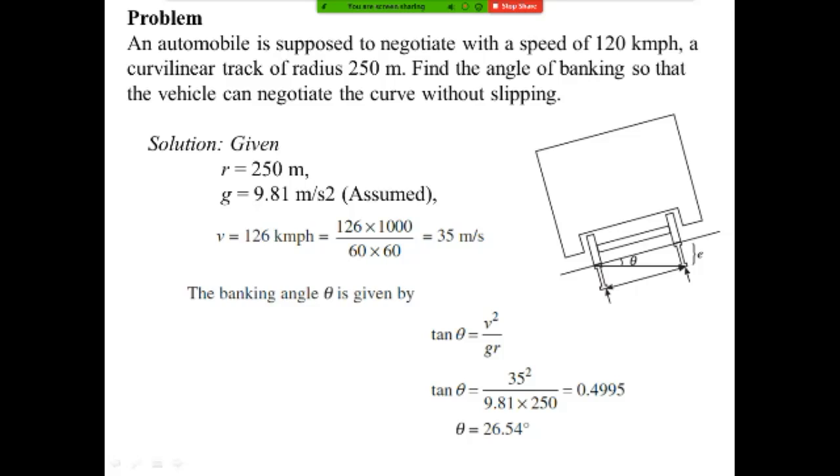Why do they provide one side higher and the other side thinner? They provide the sloping ground like this to avoid the centrifugal force. If it were made flat, at this speed if you turn, your vehicle will be thrown from the path. To avoid that, this angle is made in the road.